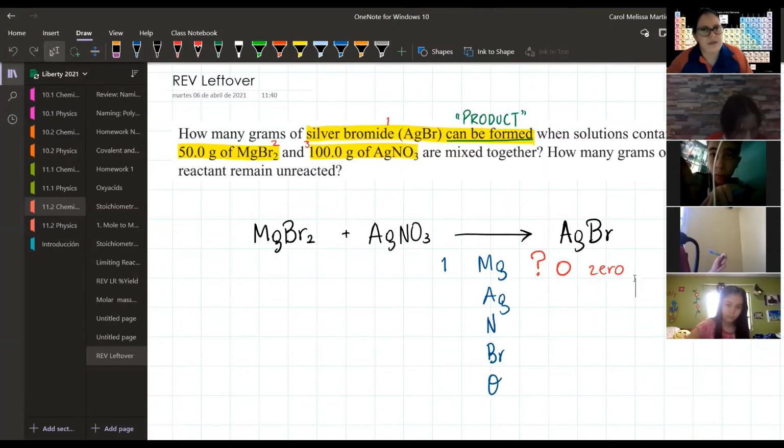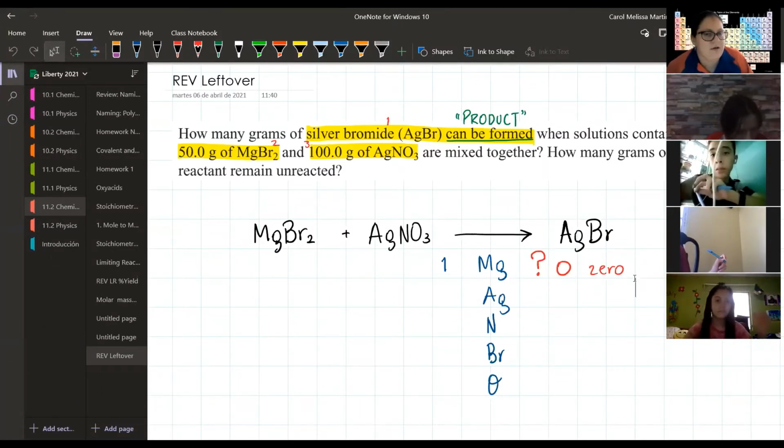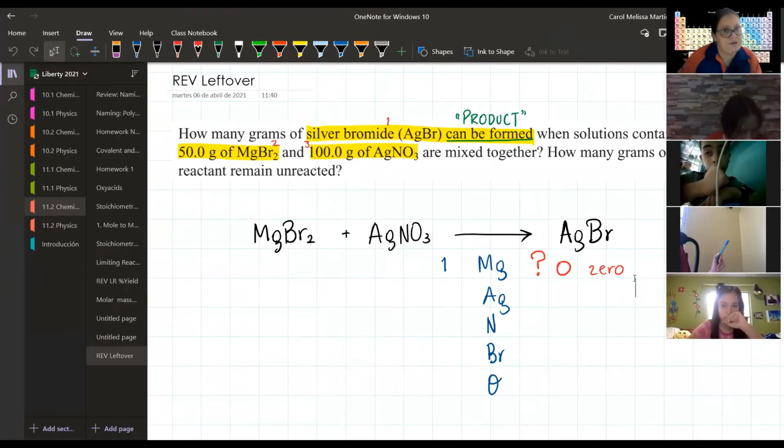Why is that? There is a principle that I told you about a year ago, that says that matter cannot be created nor destroyed, it's only going to be transformed. So, elements cannot just simply disappear in a chemical reaction.